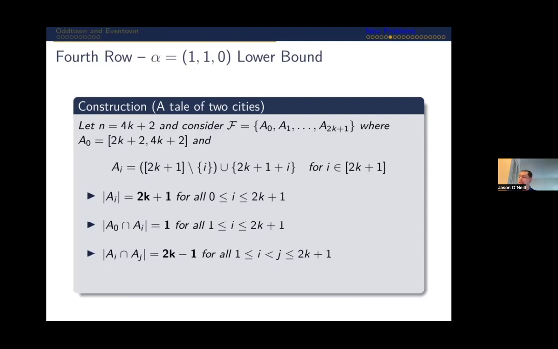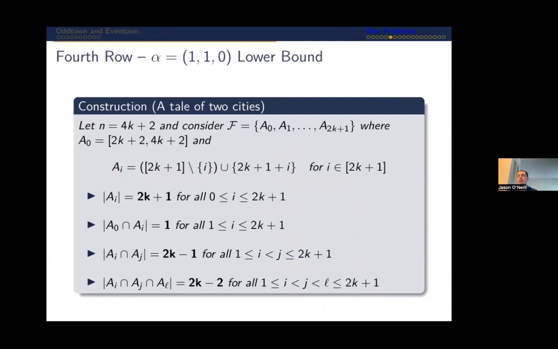So the size of those intersections is going to be 2k minus 1, which is also odd. And similarly, if I look at the 3-wise intersections, that will be missing 3 elements from the first city, which will be even.